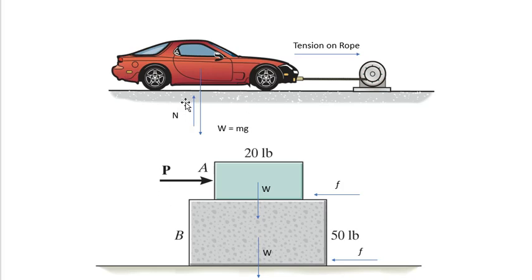Similarly, down here, I have my normal forces, and let me add those in. I've got a normal force between this block and that block, and I have a normal force between the ground and the block. So I've got two normal forces, so I'm going to copy this so that we have it.